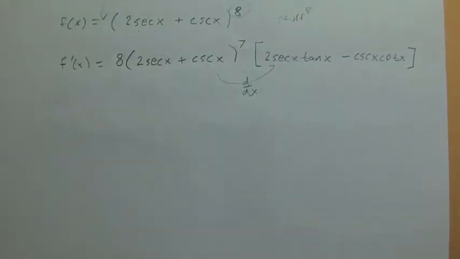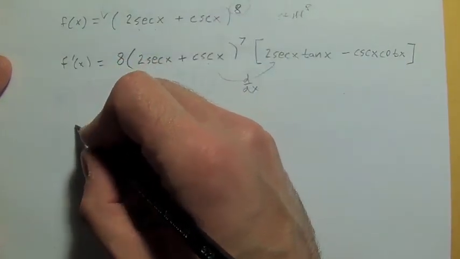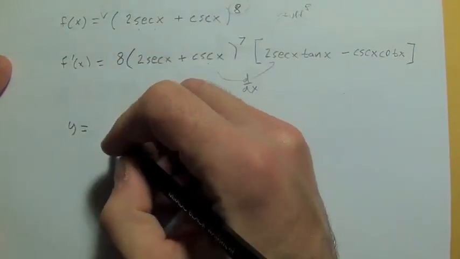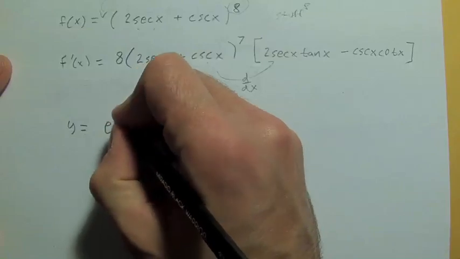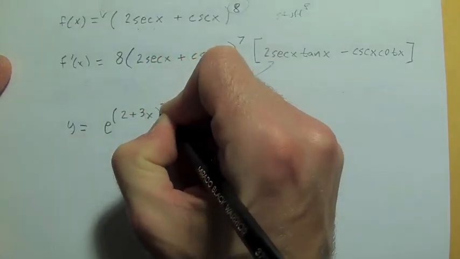Okay. All right, let's take a look at another example. Let's say I have y is equal to e to the 2 plus 3x squared.